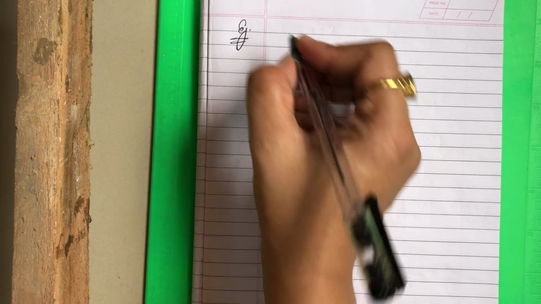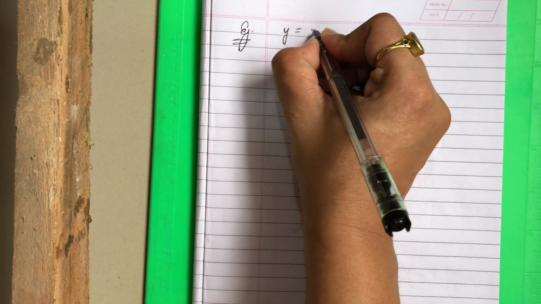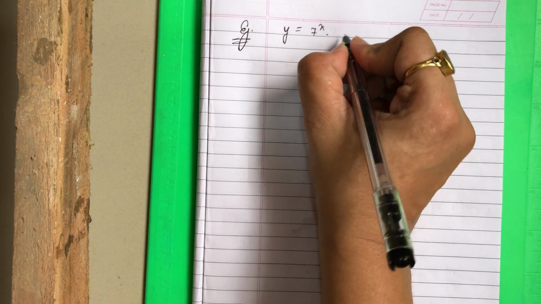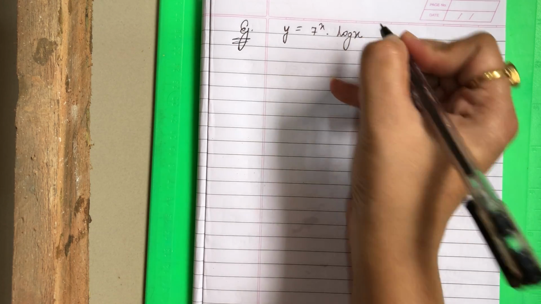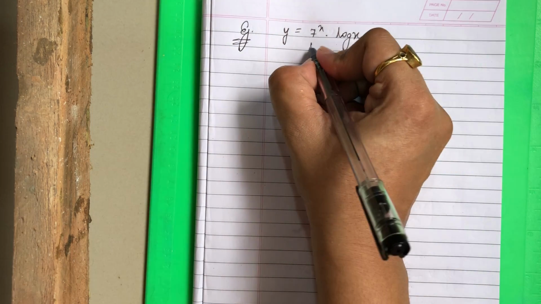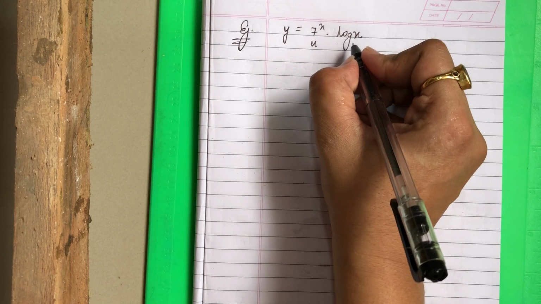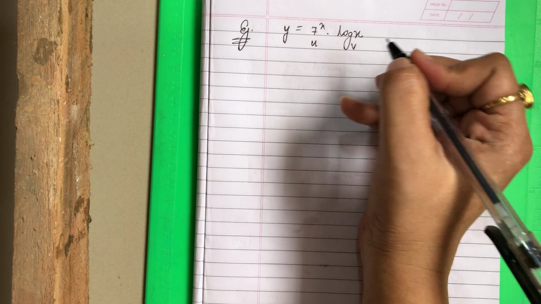So we take y is equal to 7 raised to the power x into log x. Again u is your 7 raised to the power x and log x is your v.